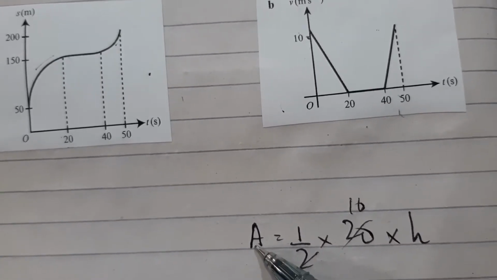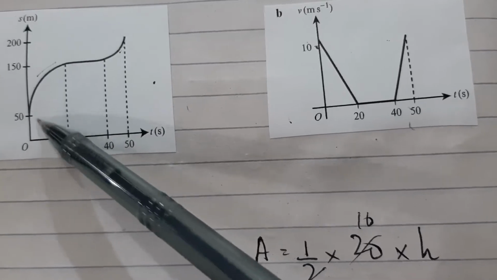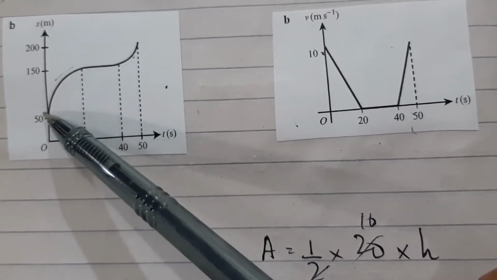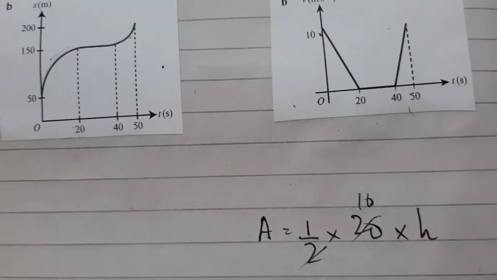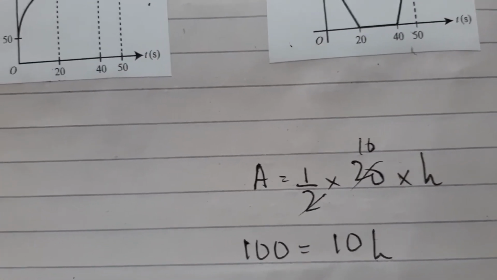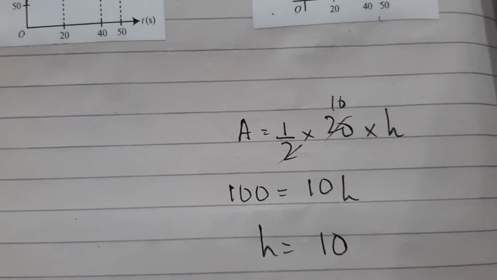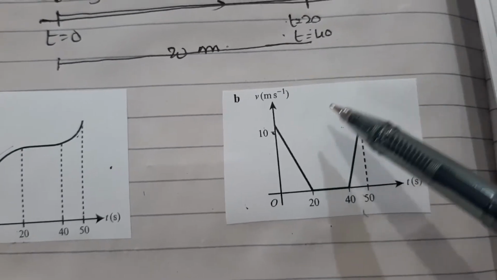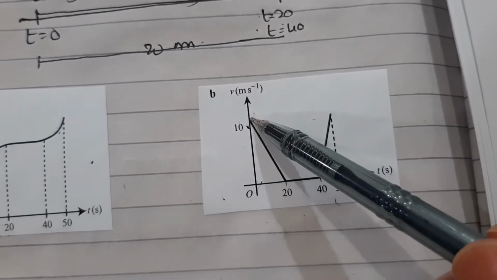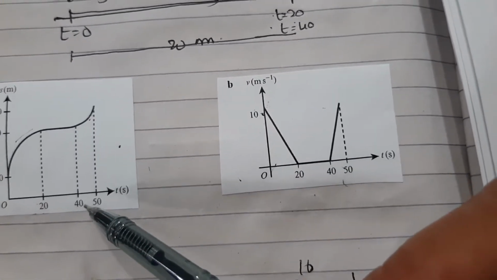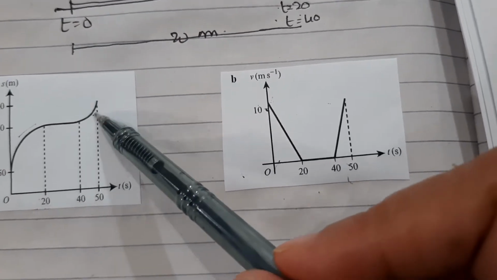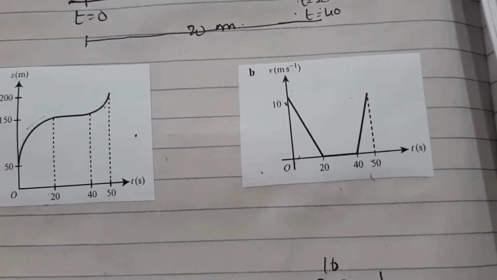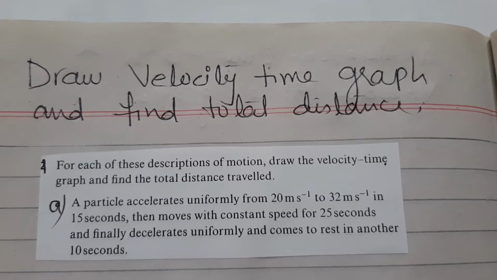But what I know is that the area is 100, which I know from here that in 20 seconds 100 meters have been covered, right? 150 minus 50 is 100. So I'm writing 100 and solving it, and I get h equals 10. So this is how I have gotten this height. And for this, it is increasing speed, so that's why the gradient is positive. It is like this.